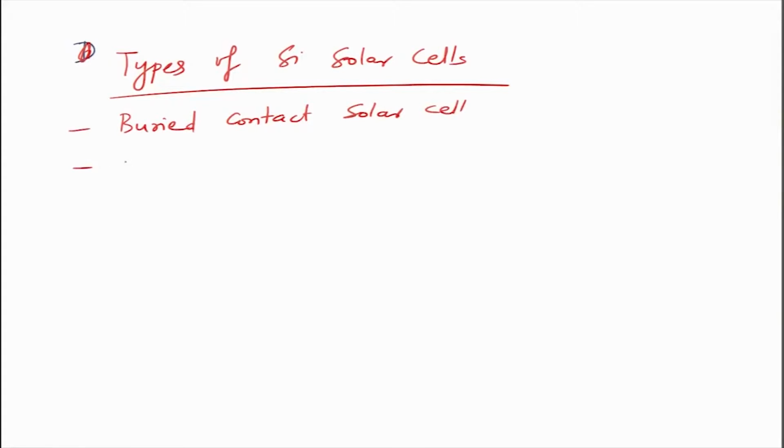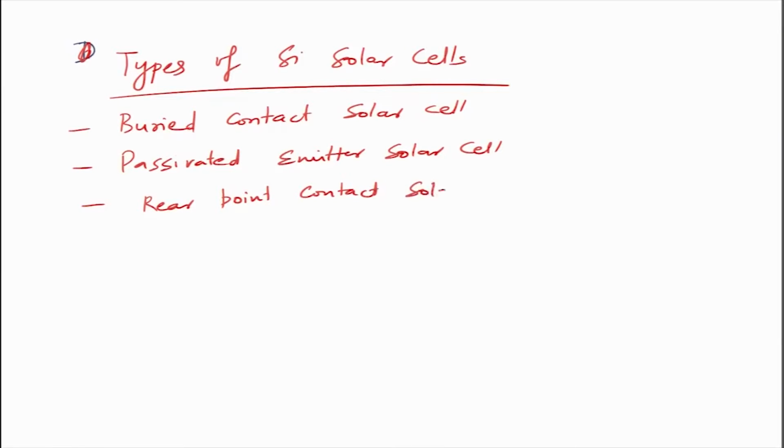There is something called as passivated emitter solar cell, something called as rear point contact, so buried contact have efficiencies of the order of 18 to 19%.